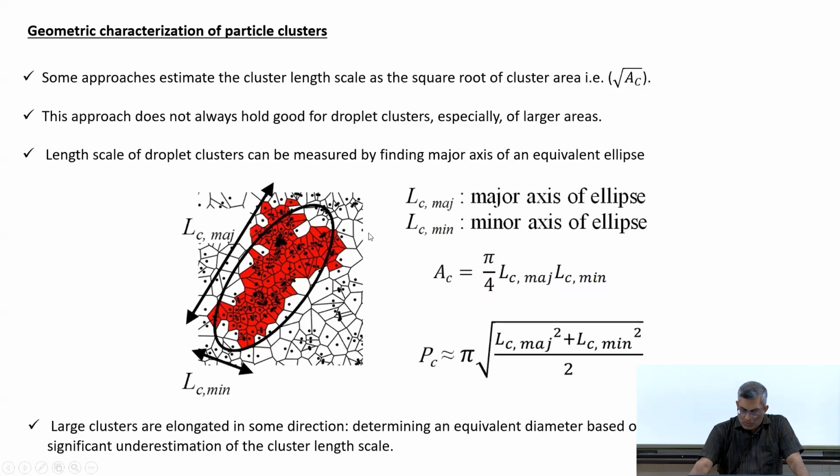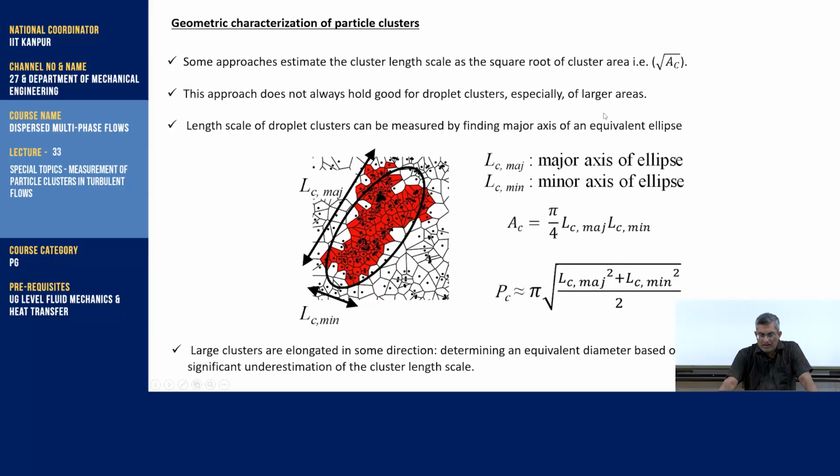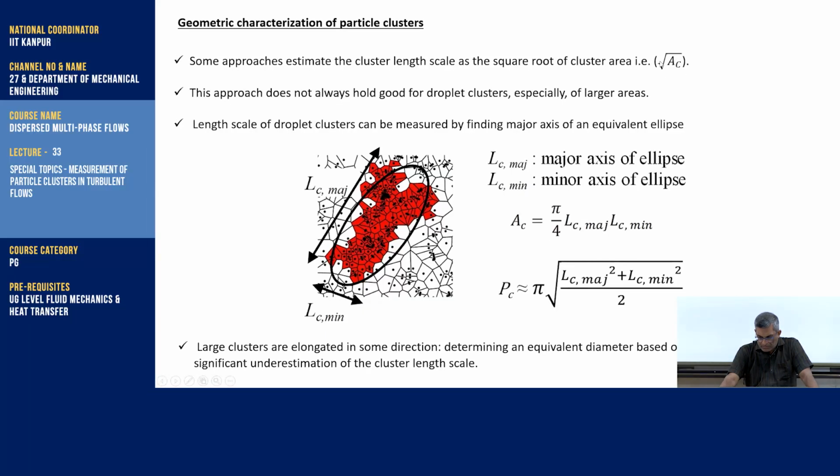Okay. What we have shown in our previous work is that if you consider this approach, and calculate the square root of the cluster area, it can largely underestimate the length scale of the cluster.